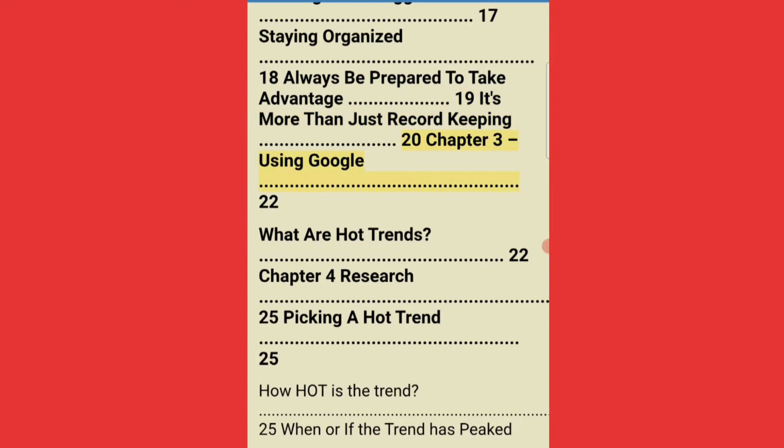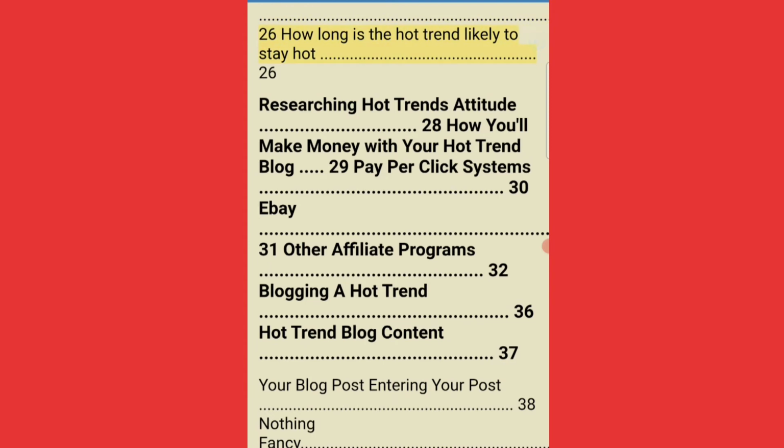Chapter 3, Using Google. What are hot trends? Chapter 4, Research. Picking a hot trend. How hot is the trend? When or if the trend has peaked. Can it be monetized? How long is the hot trend likely to stay hot? Researching hot trends attitude.